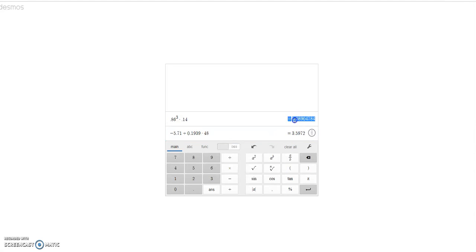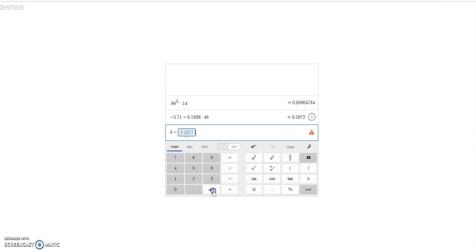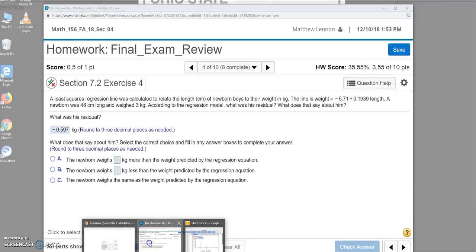So now we need to do observed minus predicted. The observed was 3 minus the predicted, which was this previous answer. So you can click this answer button, and that's standing for that. It gives you negative 0.597, which is, I believe, what the answer was.